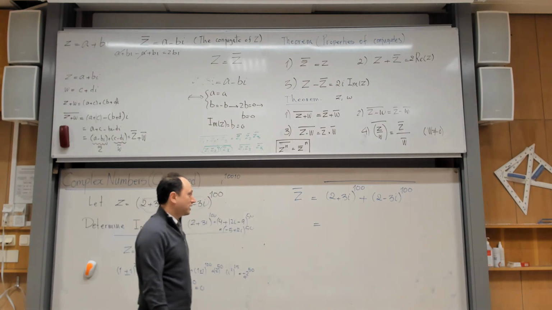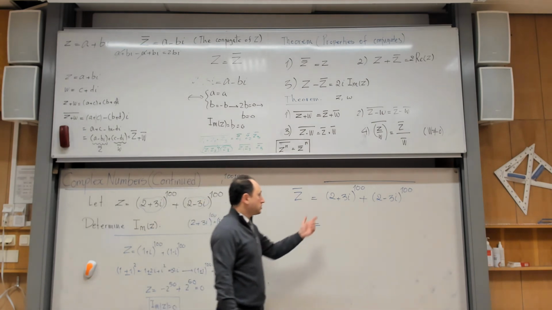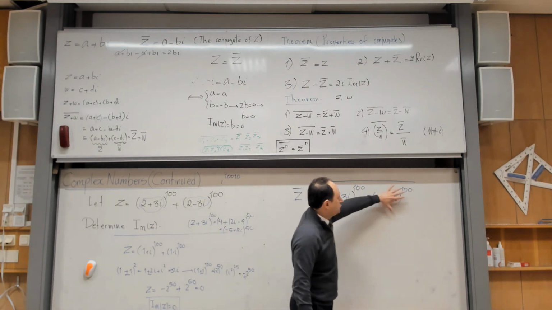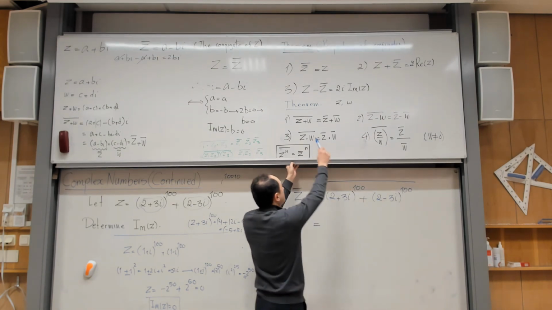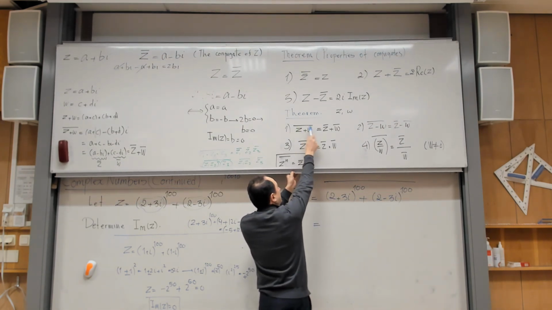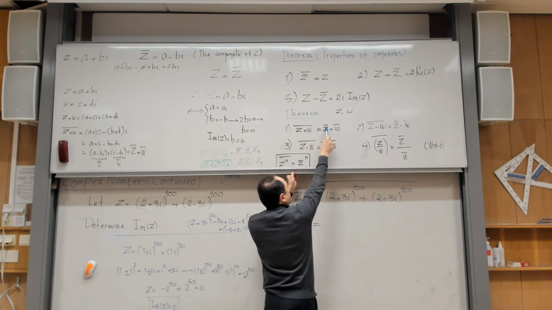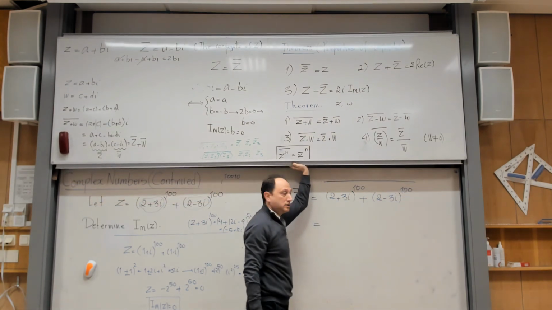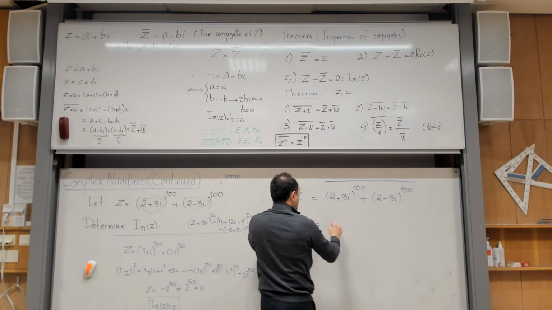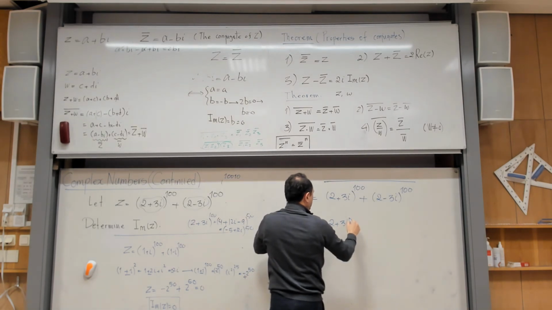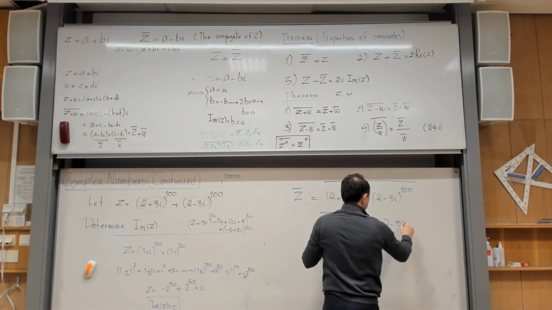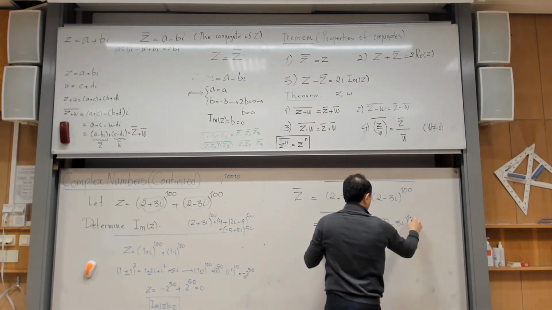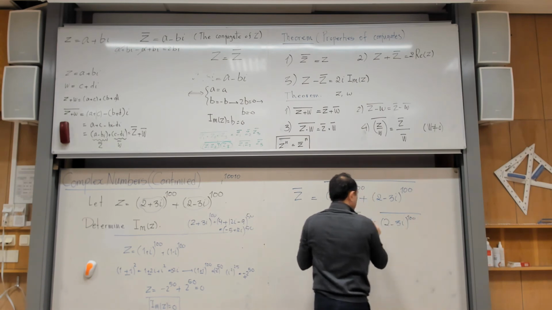Yes, I can see your hands. You will separate them, yes? So this is the sum of two numbers, and I want to conjugate it. According to the first rule, if I have the sum and then conjugate, it becomes equal if I conjugate and then add. That's equal. So I just do that. I take this one and conjugate it, and I take this one and conjugate it, and then add them.